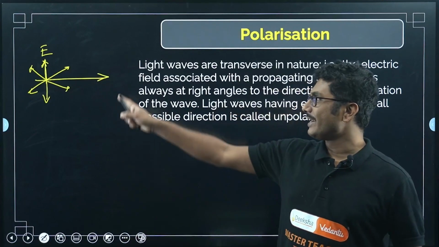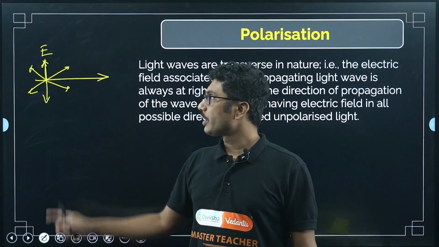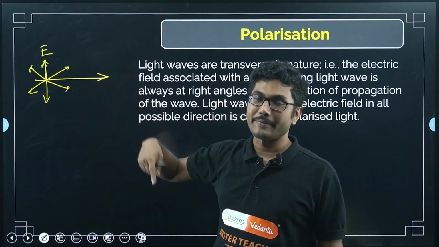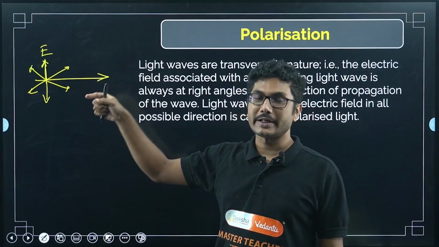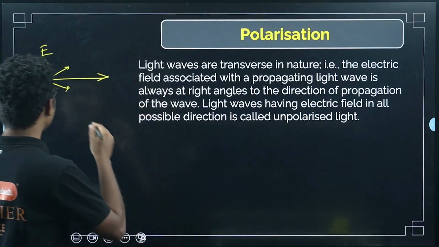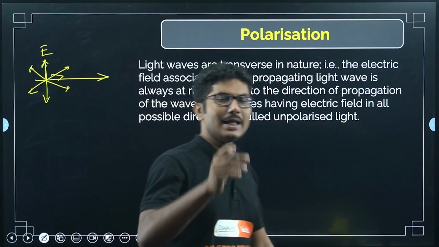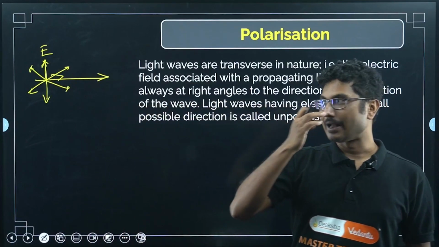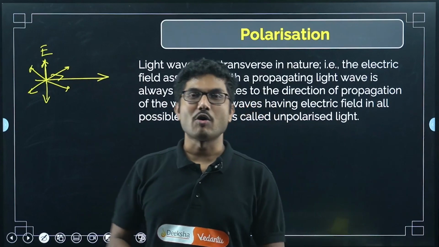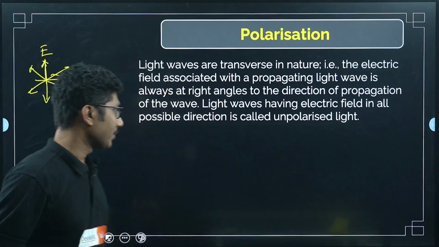So this light, where electric field can vibrate in all possible directions, along this direction, to and fro, up and down, or any other angular direction, but the angle between the two is always 90 degrees, that light is called unpolarized light. So unpolarized light can have all possible electric fields for a particular direction of light, right?